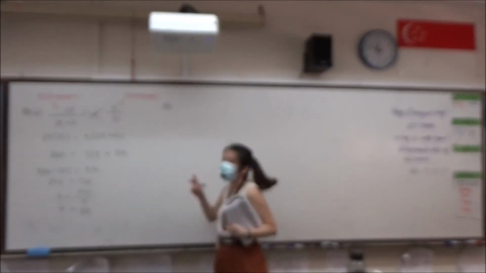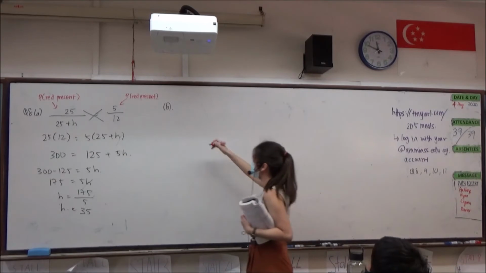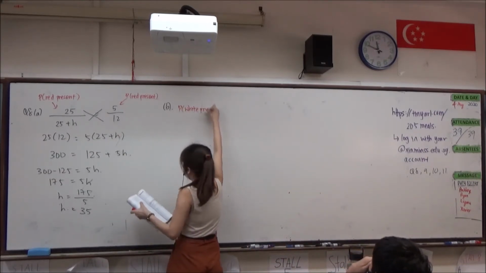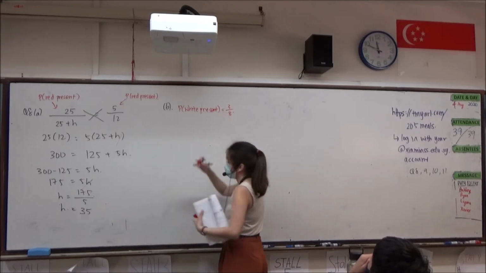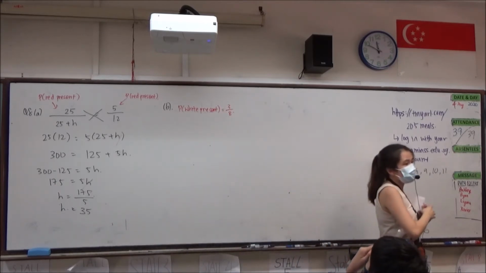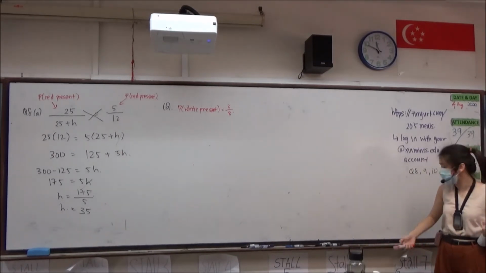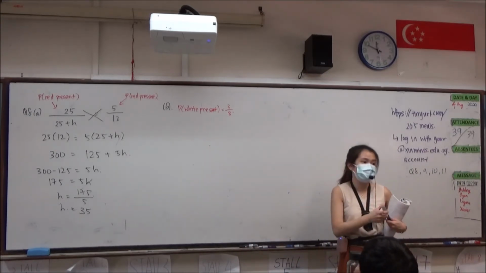In part B, we are instead given the probability of white present, which is 3/8. You may choose to find the probability of red present, which is possible, or you continue to use the probability of white present.